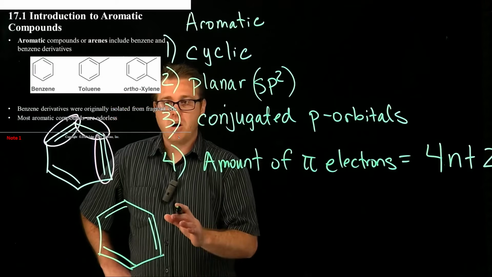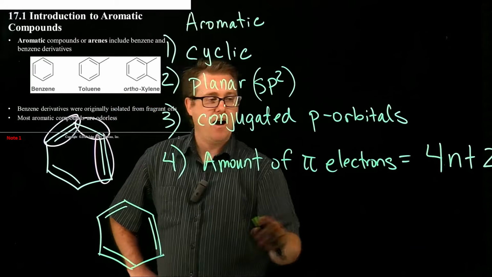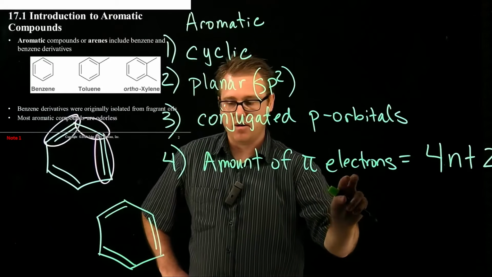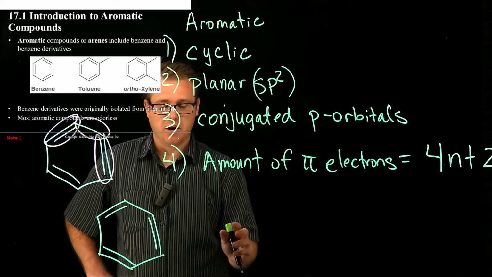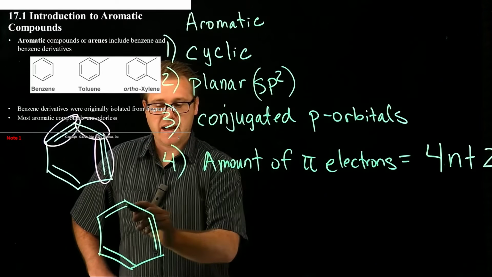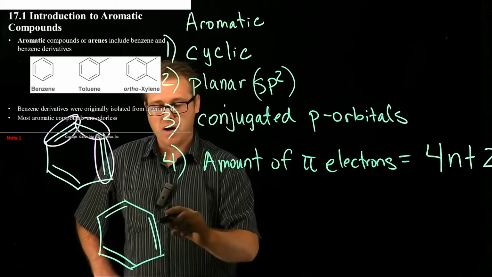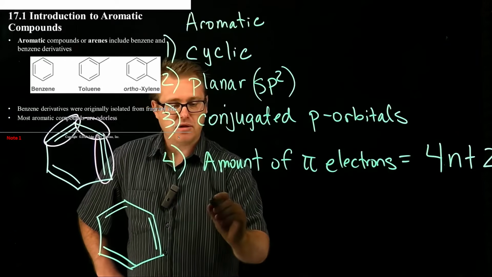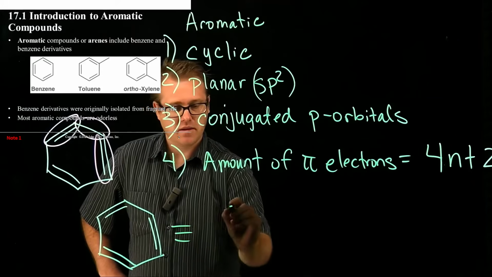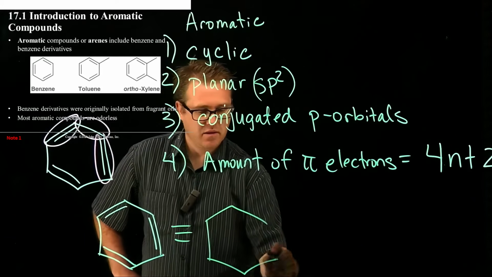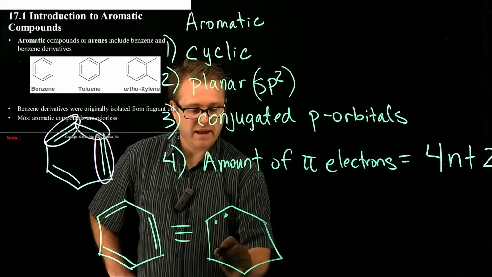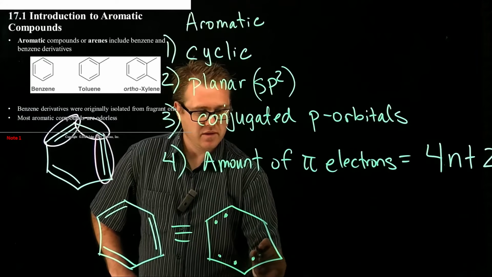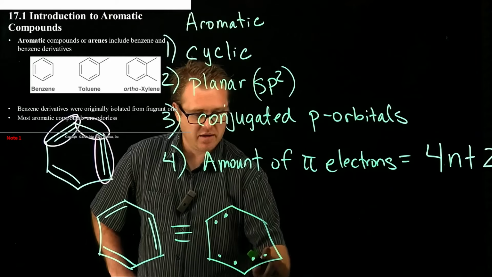So when you look at your molecule, you want to count how many pi electrons there are. And pi electrons are in double bonds and triple bonds. And so since I see that we have 3 double bonds here, that translates to this. Every double bond has 2 electrons in it.